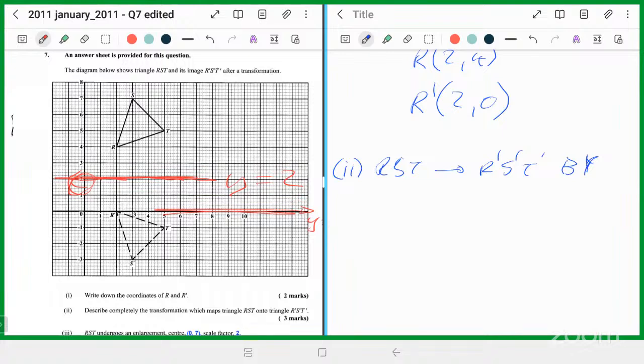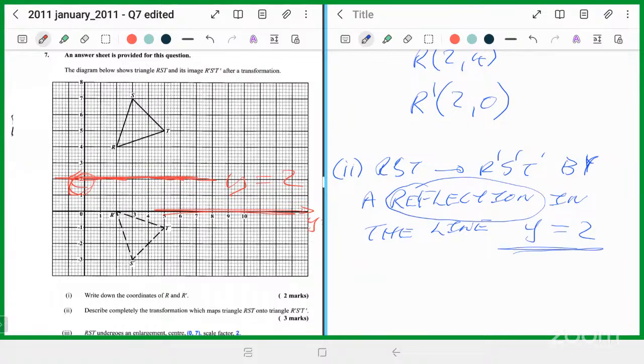State the mirror line. They give you the equation of the mirror line.